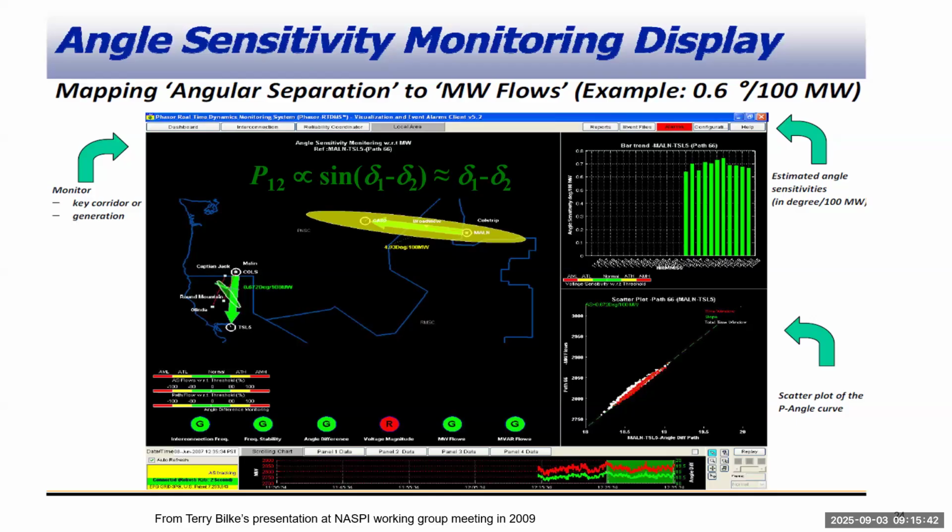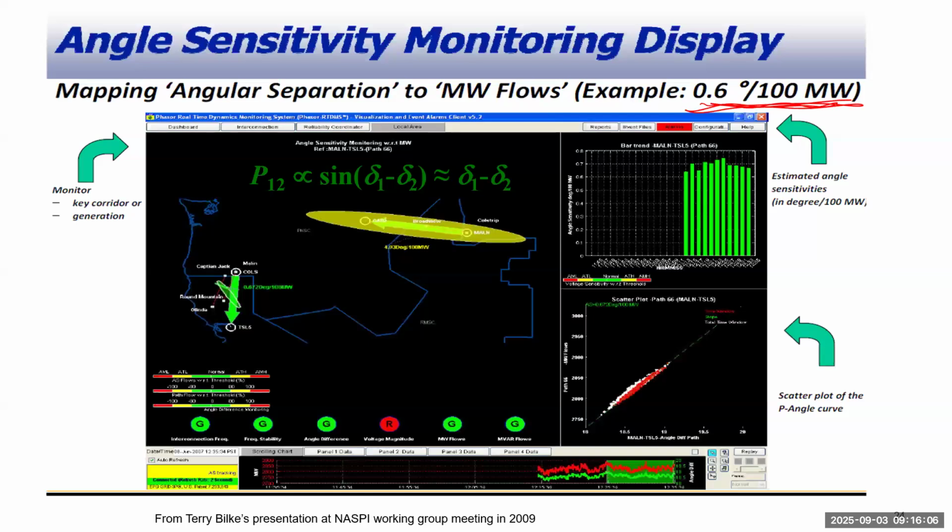And for this specific system, they utilize this sensitivity. So for every 0.6 degree angle change between two substations, the power exchange will increase by 100 megawatts. So for this case, they can easily just monitor how the power flow is going to change.